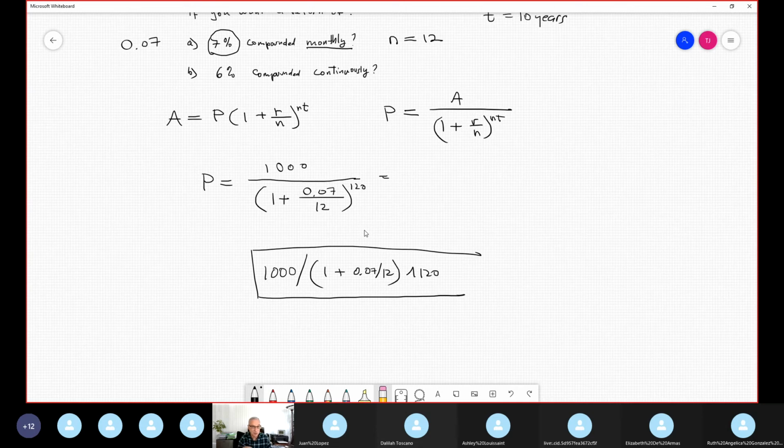Let me try. 1000 division, one big parenthesis, 1 plus 0.07 division 12, close the parenthesis, the symbol of the power, by the way, looks like a roof of the house, and the exponent 120. I get the answer.